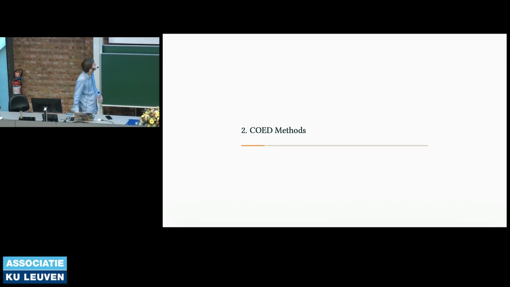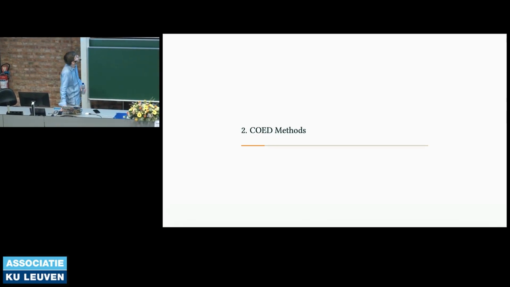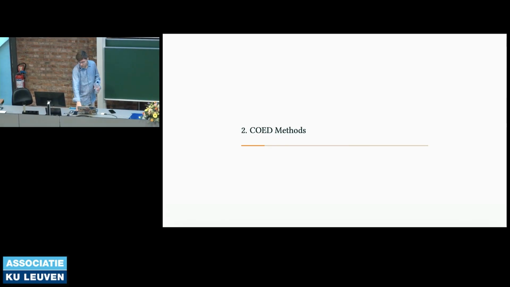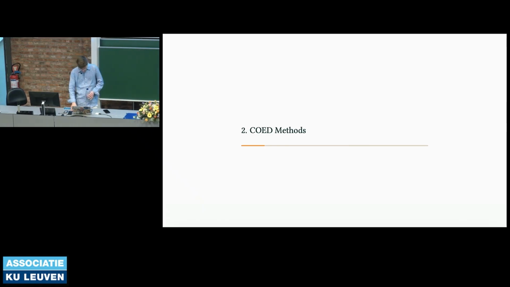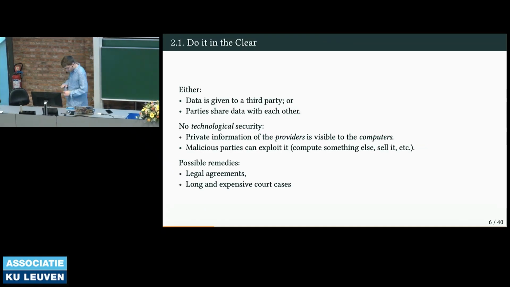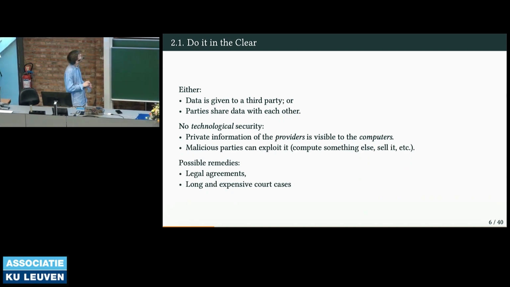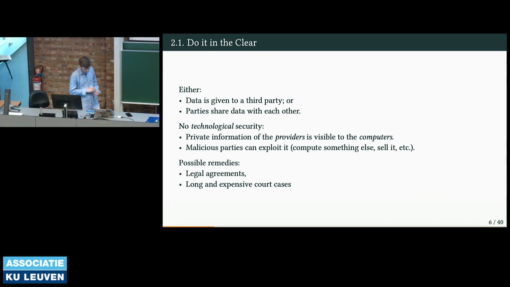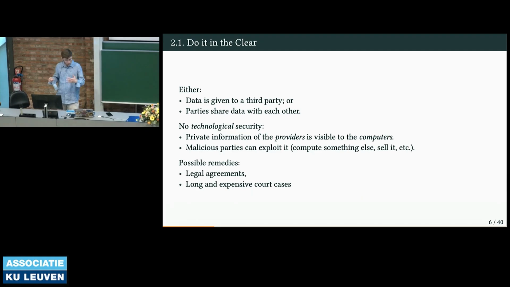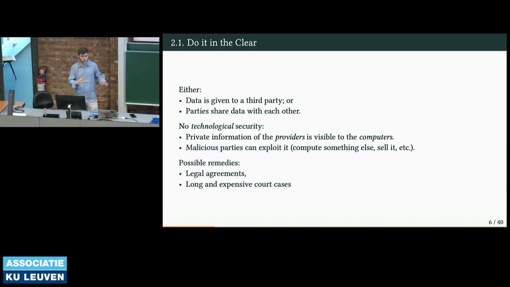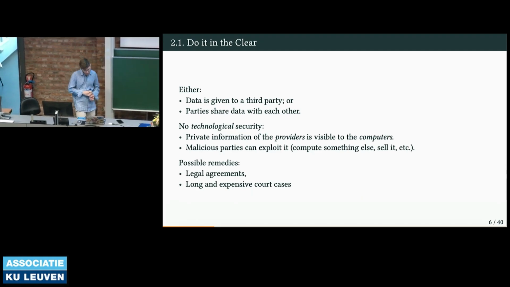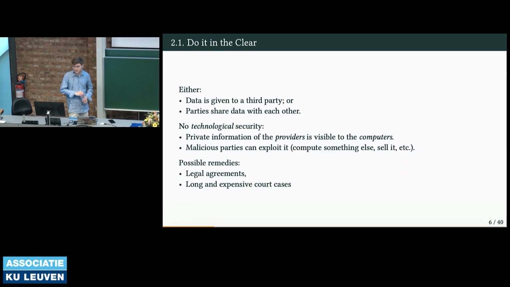So now we get to the main part, and we go through different methods to actually achieve our goal. The first method is to not encrypt the data. So either the data is just handed over to a third party that's not part of the interested group of people, or the parties just share it amongst themselves and then compute what they need to compute.